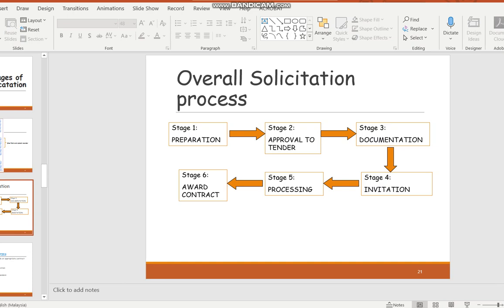Tender documentation and the preparation stage are two different things. Like I said, preparation is more on the technical documents, the drawings, the specifications, and the required feasibility studies. All that is done during that stage. Whereas the documentation here is the tendering documents. Not only do you put in whatever you prepared in stage one, you're also preparing what we call the summary of tender.